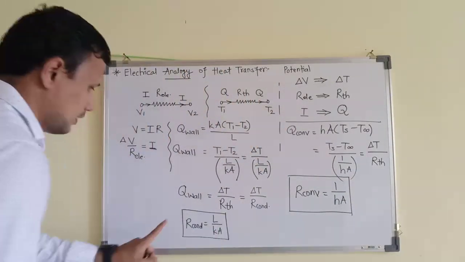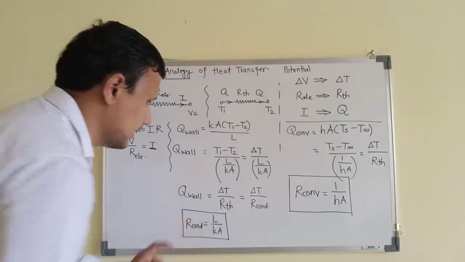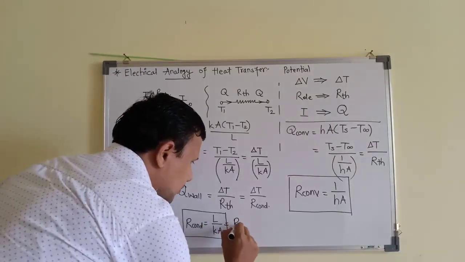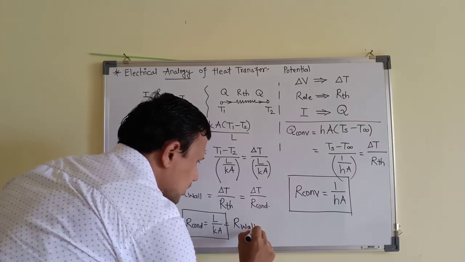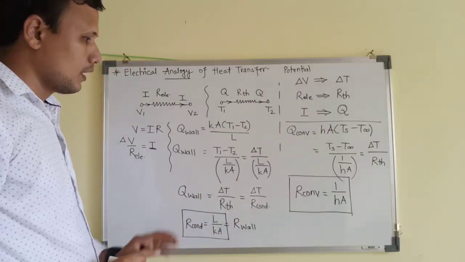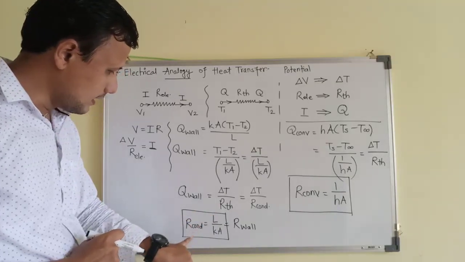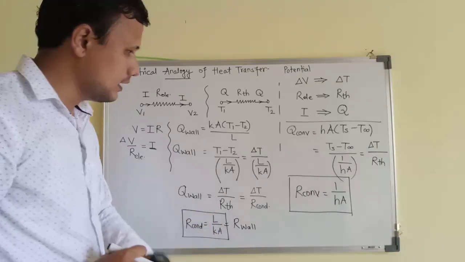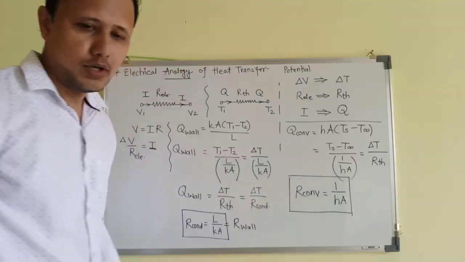Also one more thing, this conduction resistance L by kA is for plane wall. For cylinder and for sphere, the formula will change. So until now we have developed the understanding that conduction resistance will be L by kA, convection resistance will be 1 upon hA.